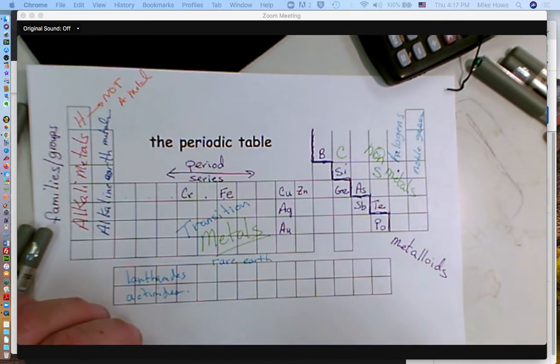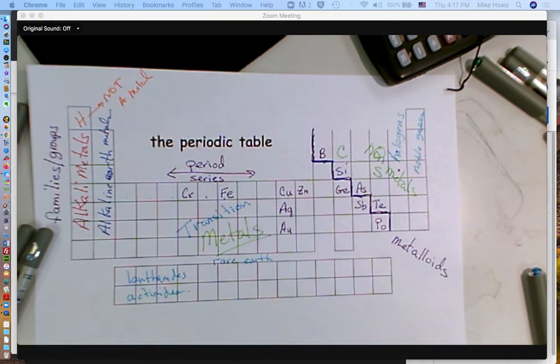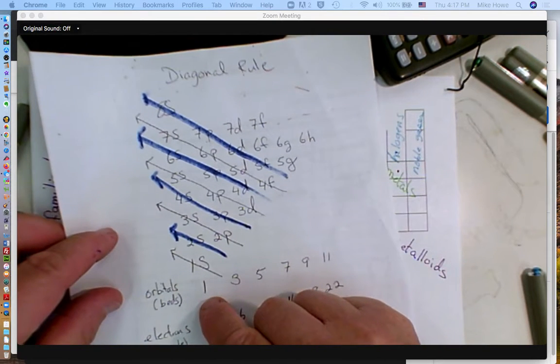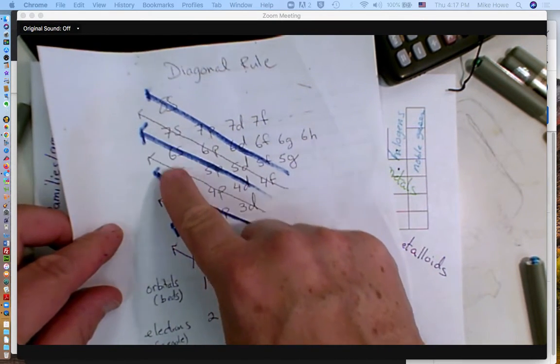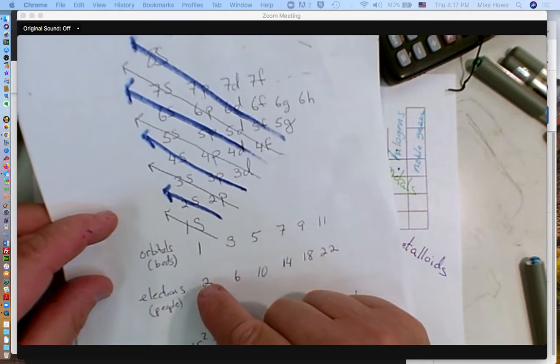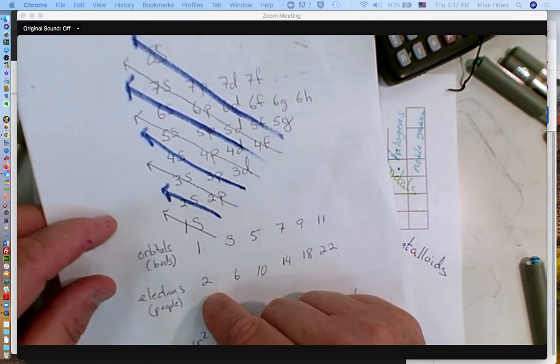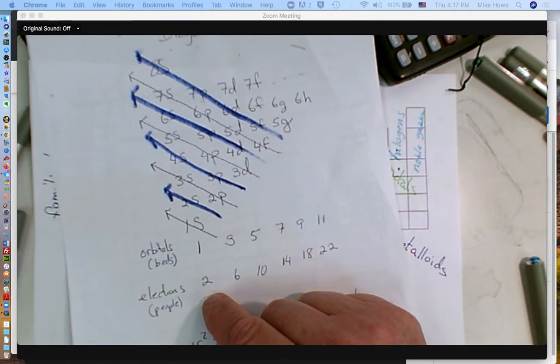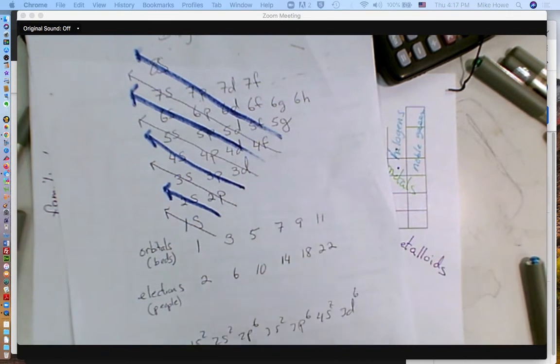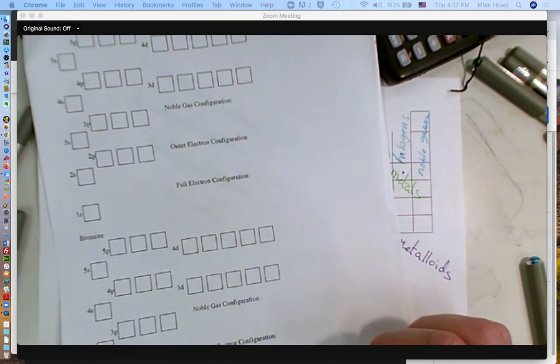Now, I want to remind you that in the sunny room and the pink room, remember those rooms? And we had this little rule here. We said that the number of orbitals, or beds, in all the sunny rooms was 1. And that one bed would hold 2 electrons. All the pink rooms had 3 beds. And the 3 beds would hold 6 electrons.